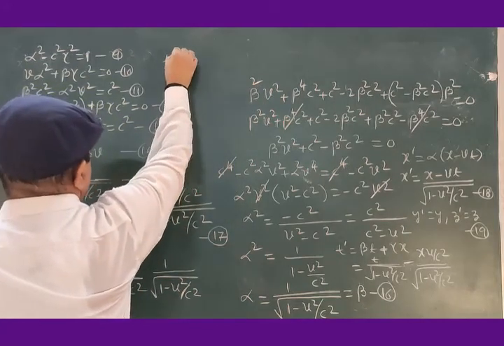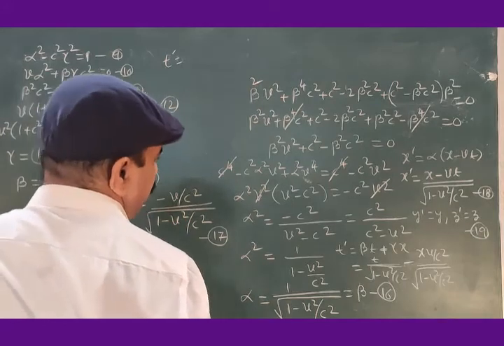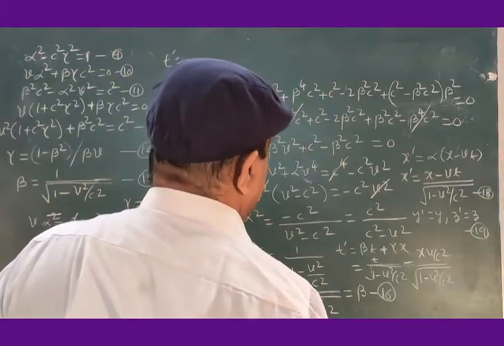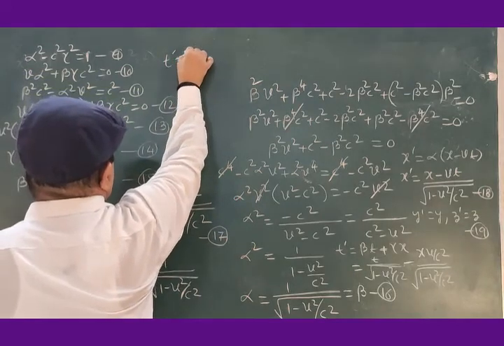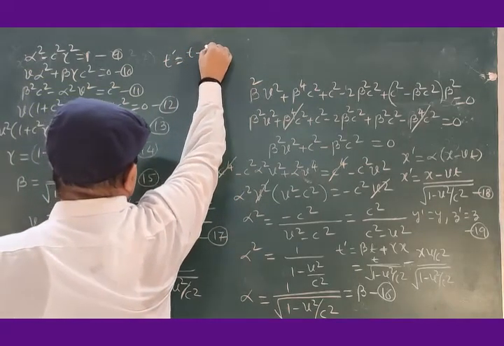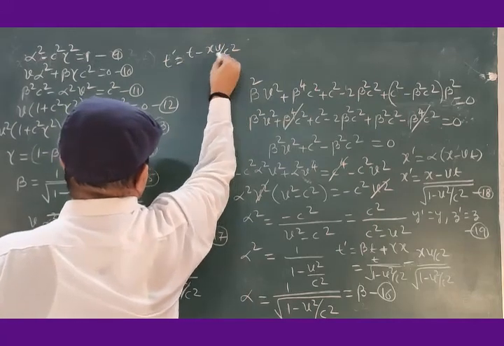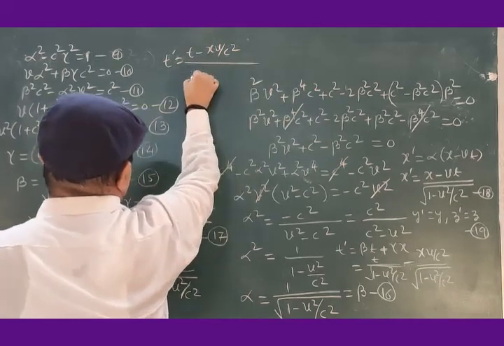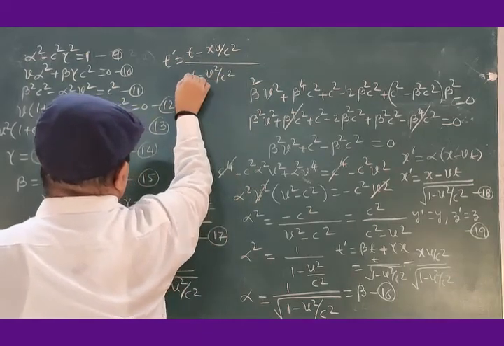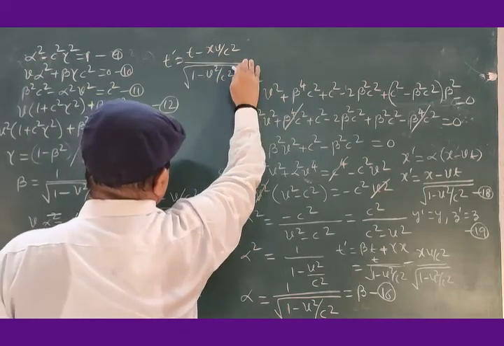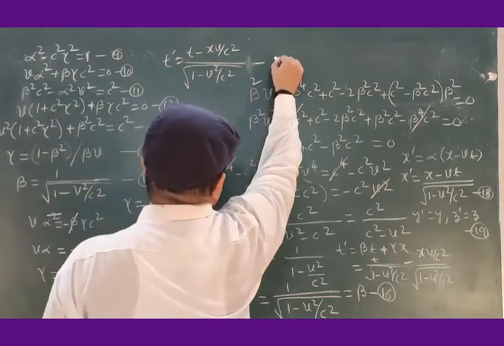So this t dash will be equal to t minus xv divided by c square, whole divided by the square root of 1 minus v square by c square, equation number 20.